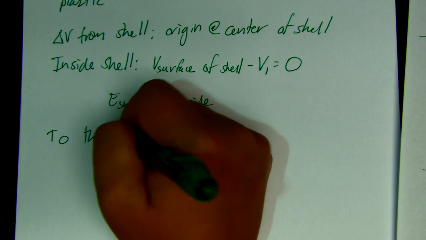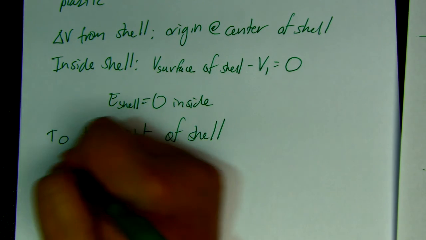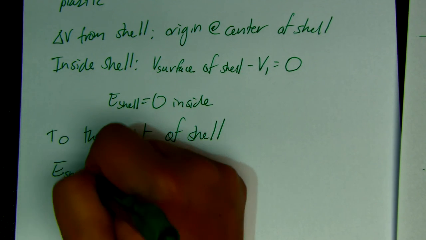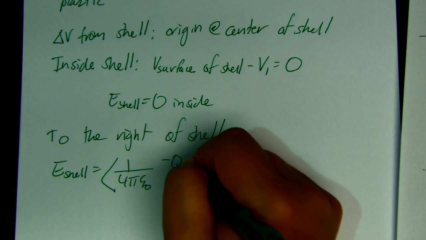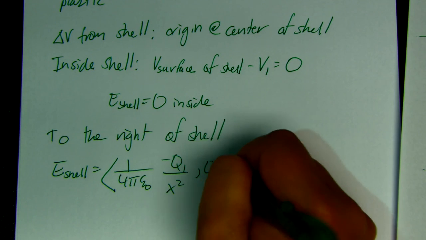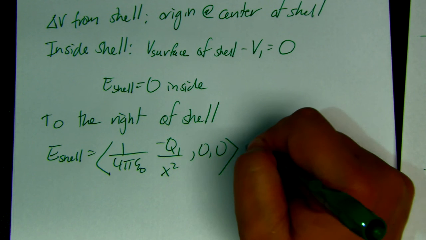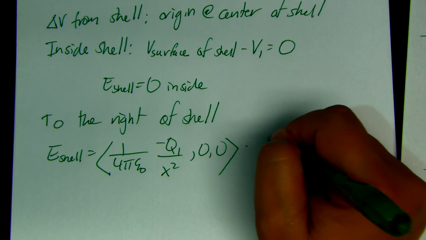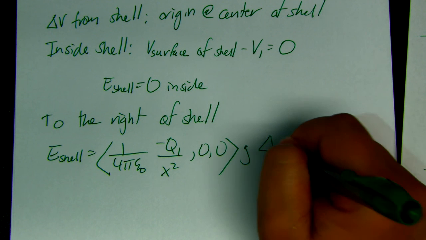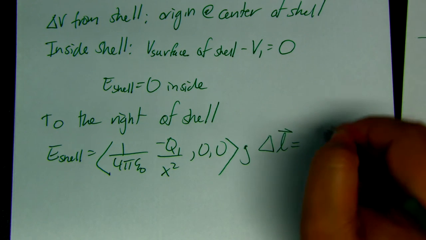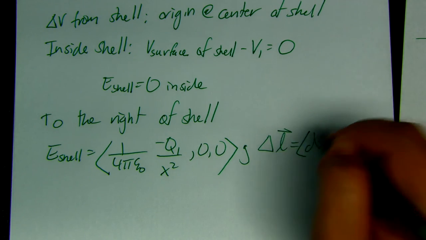To the right of the shell, we have E shell is equal to 1 over 4 pi epsilon naught times minus Q1 over x squared, 0, 0. And we have delta L is equal to the distance traveled just in x.